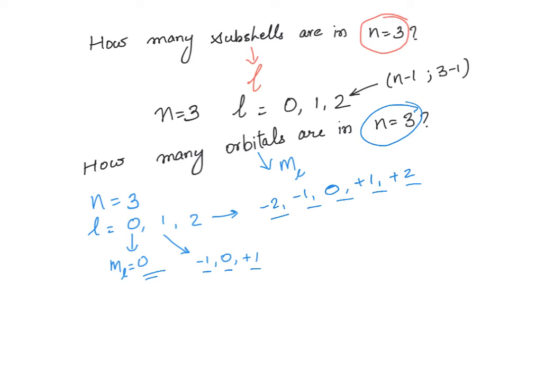Now they're asking you how many orbitals are in just this level. They're not asking you how many are in n1, n2 and n3. They're just asking you how many in n3. Now if your question was how many orbitals are in an electron all the way up to n3, then you would consider n1, n2 and n3. In this case, they've asked you just the n3.